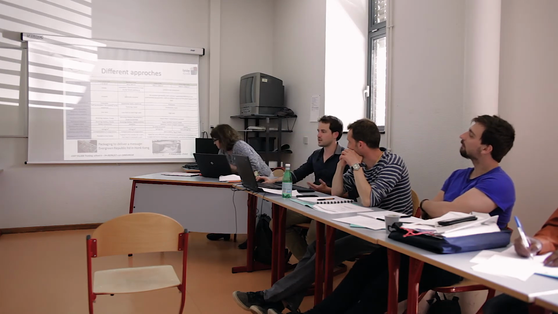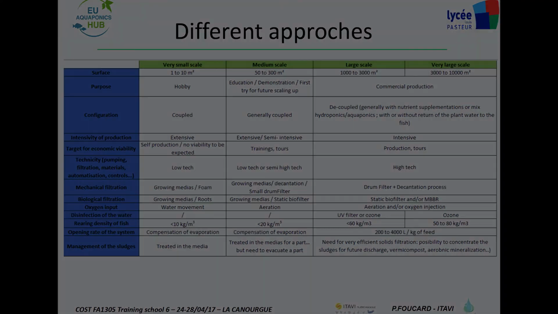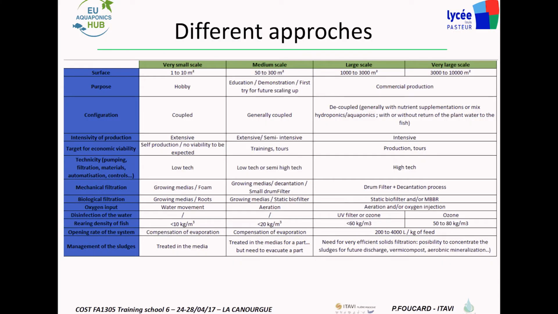Different approaches basically, but you have the very small scale, the medium scale, large scale, and very large scale, as we have seen. The small scale is more for hobby, usually in coupled configuration. It's for self-production, so no viability expected. Low tech, they usually use growing media for both mechanical and biological filtration. They don't put oxygen as an input.